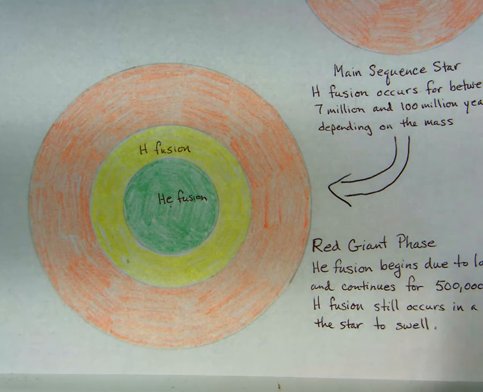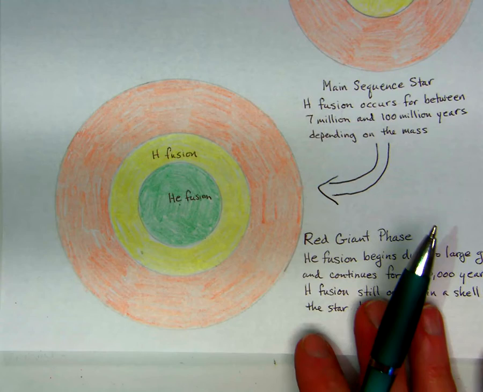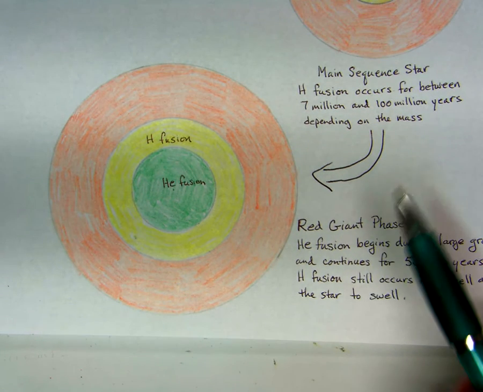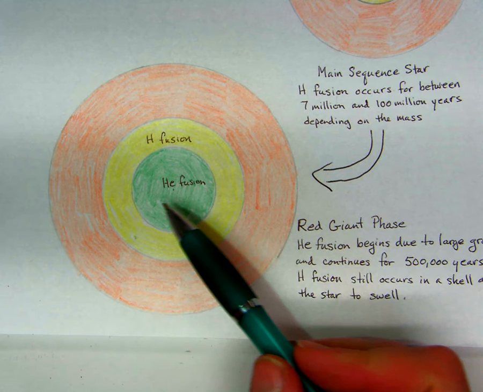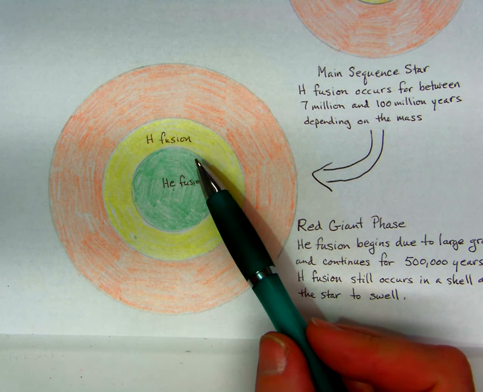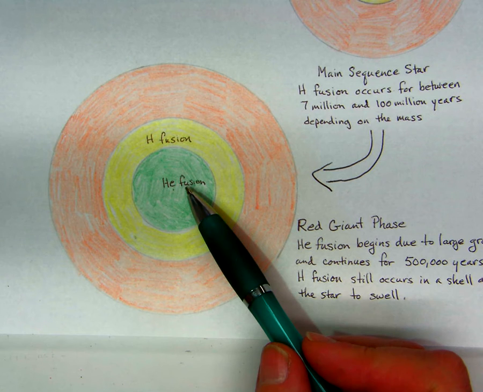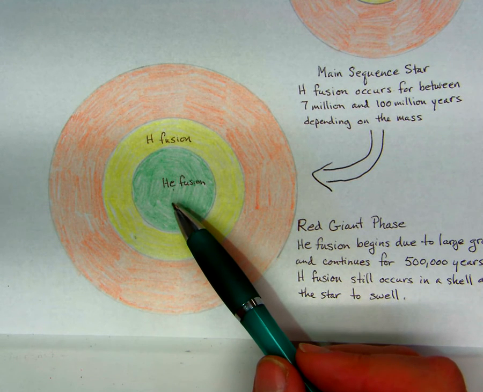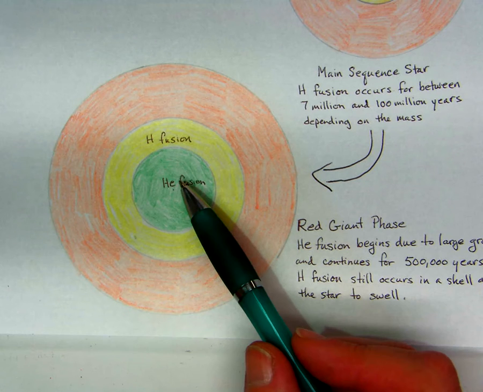Okay, the next step is called the red giant phase. The star will turn into a red giant. What happens is eventually enough of the hydrogen has turned into helium, and the helium, since it's got more mass, gets pulled towards the center.